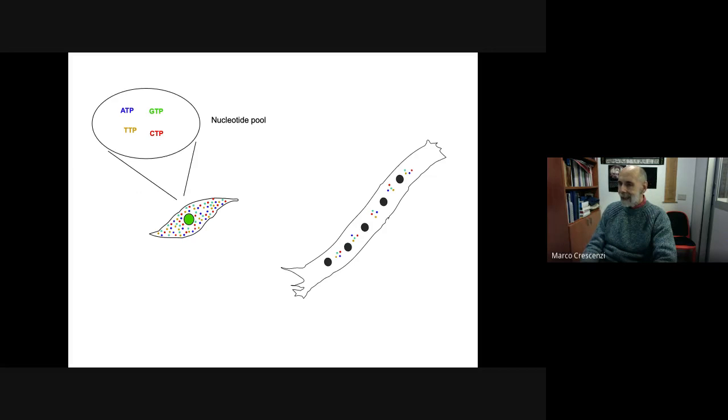Now, what is the nucleotide pool? It's those nucleotides that are free-floating in the cytoplasm and that are ready for DNA synthesis to take place. Basically, they are the building blocks of DNA. Cells constantly have a pool, but this pool is very expensive, energetically speaking. So the cells usually have a small nucleotide pool, and they only expand it at the time when they replicate DNA.